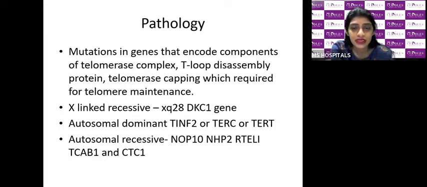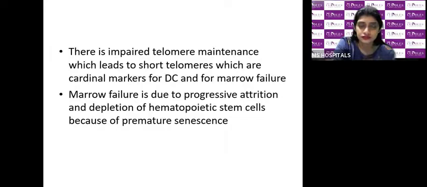Autosomal recessive is NOP10, NHP2, RTEL1, TCAB1, and CTC1. There is impaired telomere maintenance, which leads to short telomeres, which are cardinal markers for dyskeratosis congenita and for marrow failure. Marrow failure is due to progressive attrition and depletion of hematopoietic stem cells because of premature senescence.